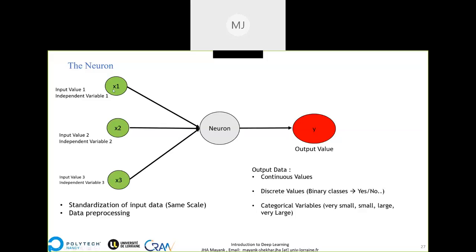Each of these input data has a certain weight associated with it. It's the weight of the input data with respect to the neuron. Weight is something like importance. It signifies the importance of this particular input data with respect to the output given.